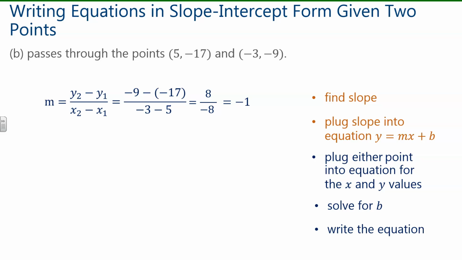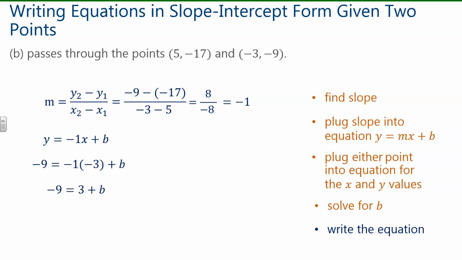So now let's plug negative 1 into y equals mx plus b. And then plug a point, doesn't matter which one. This time I'll choose the second point. I'll replace x with negative 3 and y with negative 9. Now we just need to simplify this so we can solve for b.